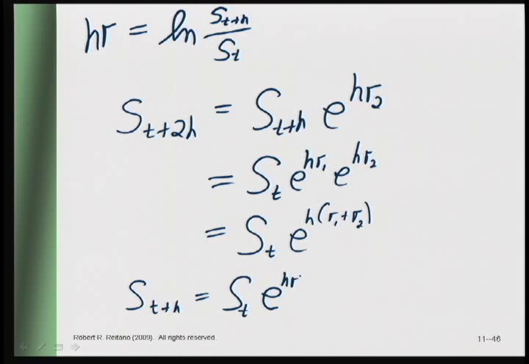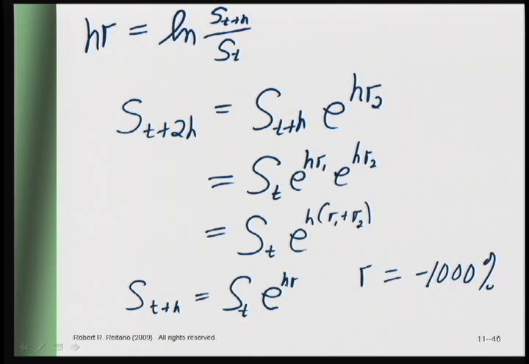So even if we imagined an R of minus 1,000%, it doesn't matter what R is. As a continuously compounded return, the stock price can never go negative, because e to any exponent, no matter how negative, is always bigger than 0. Consequently, although the stock price will drop dramatically, we cannot have a negative stock price.